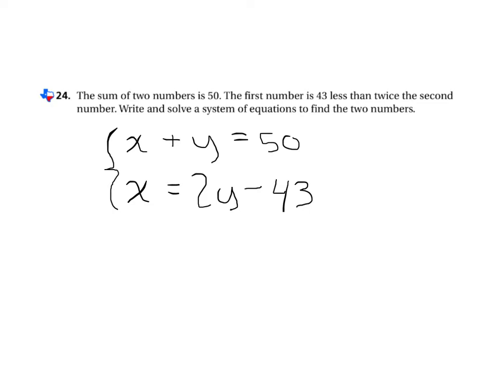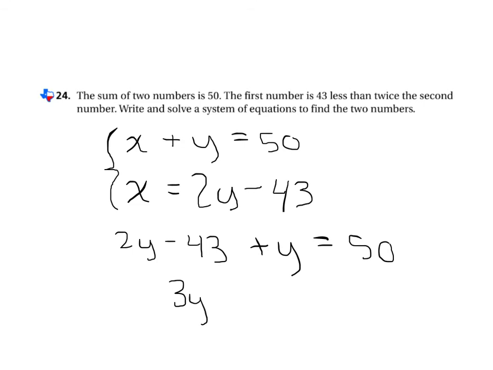So to do this, you could use substitution by substituting 2y minus 43 in for x. So you have 2y minus 43 plus y equals 50. You could then combine like terms. So you know that 3y, because you combined y and 2y, minus 43 equals 50.